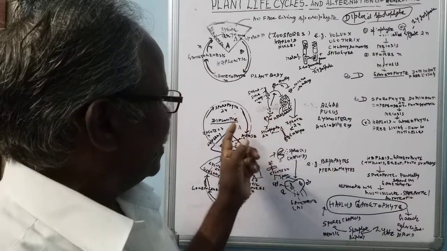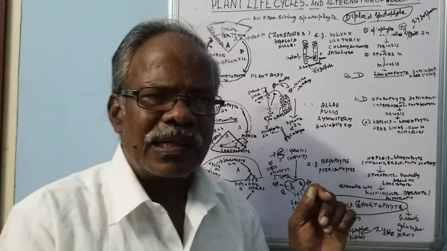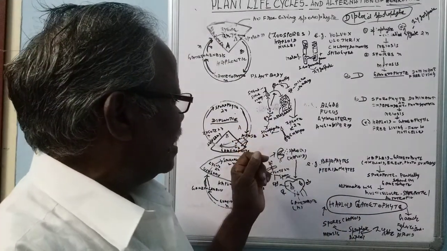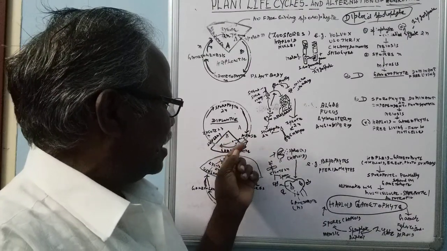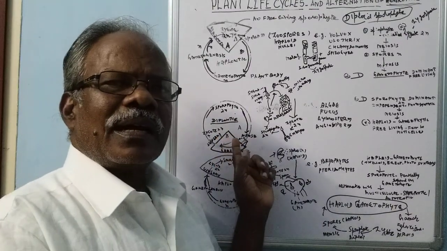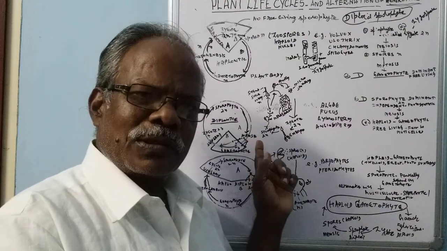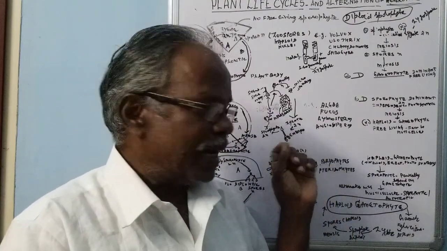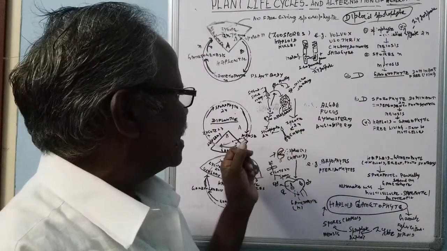Next we will see the diplantic. Diplantic means the diploid has the major role in these plants in the alternation of generation.